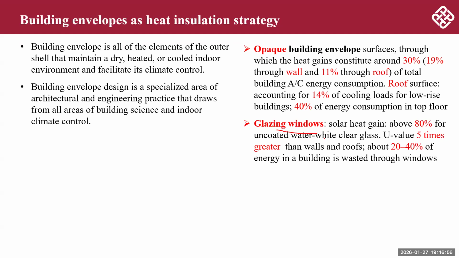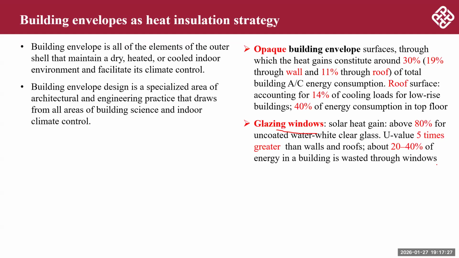However, we can see glazing windows have the poorest thermal performance, because their U value is 5 times greater than the walls and the roofs, so almost half of the energy in the building is wasted through windows.